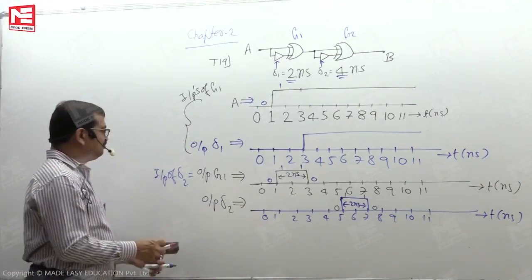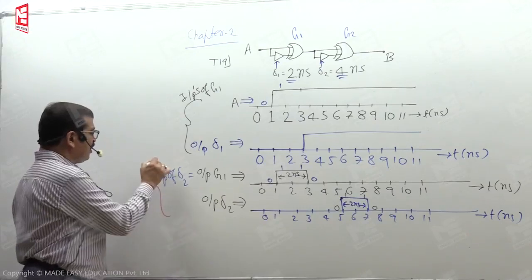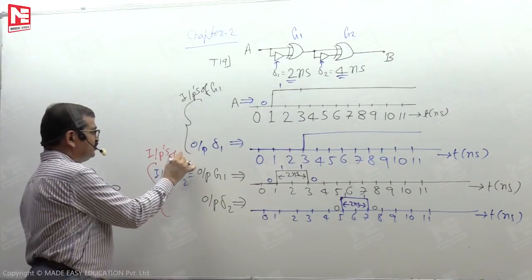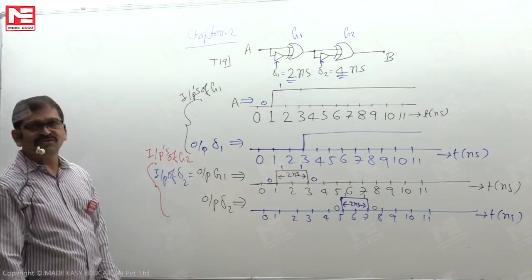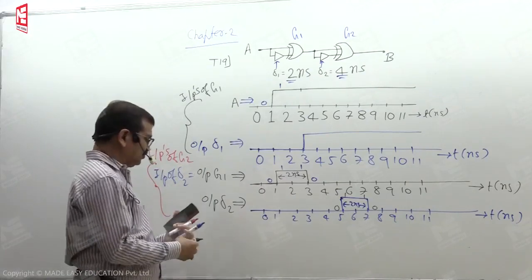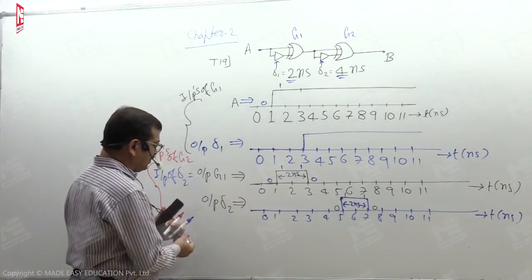We are looking now at these two, which are combined inputs of gate G2. Knowing these inputs, we are looking at the output waveform of gate G2.